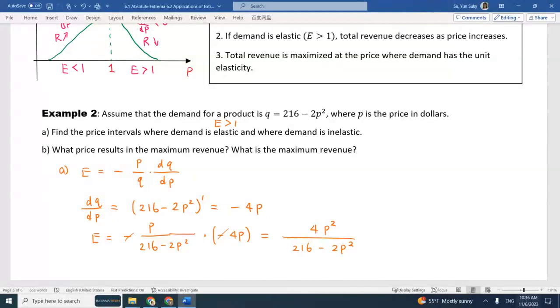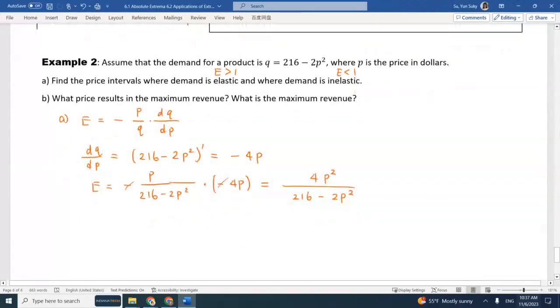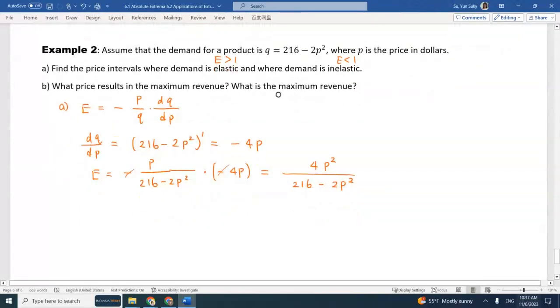So it's very sensitive to the price change. That will be elastic. Okay, so if it is less than 1, then your demand decreases by less than 10%, right? Okay. So therefore, when is it greater than 1 and when is it less than 1?